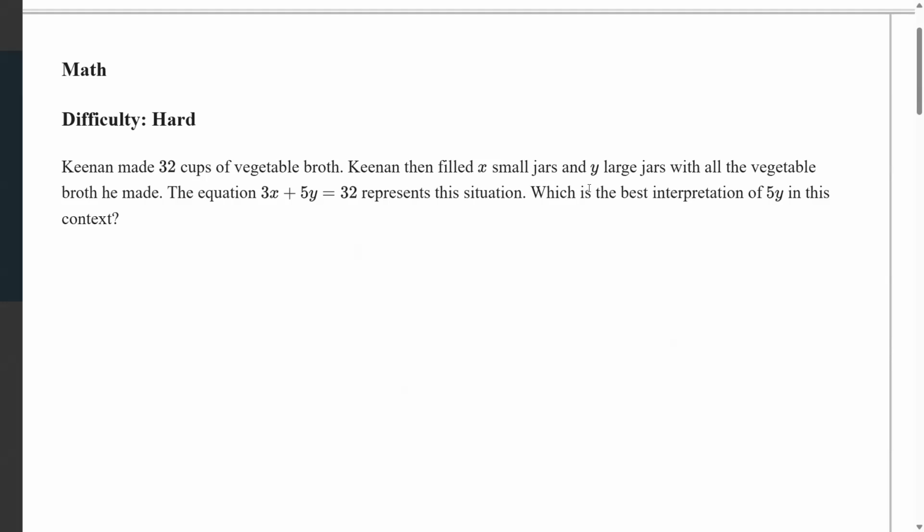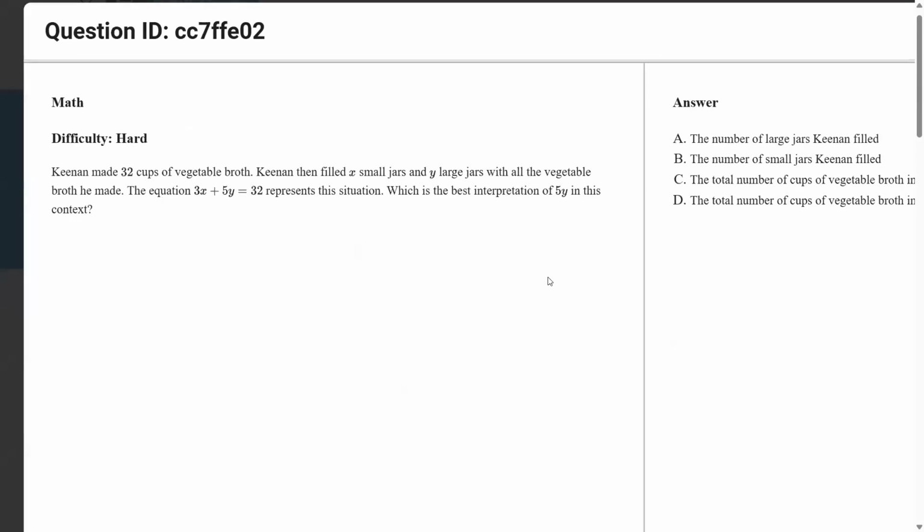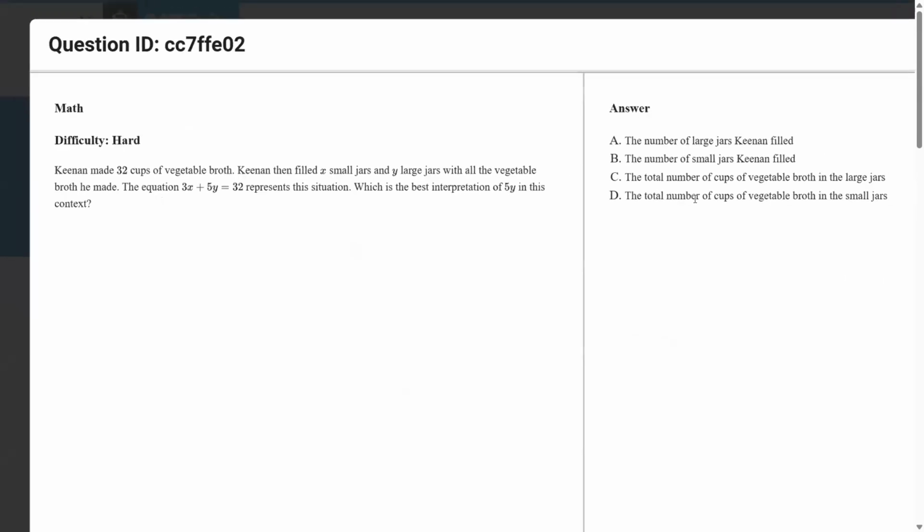So y represents the large jars. 5y, I don't know what the 5 is, but 5y should be the total number of large jars.